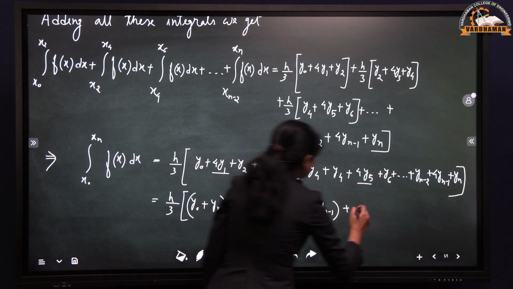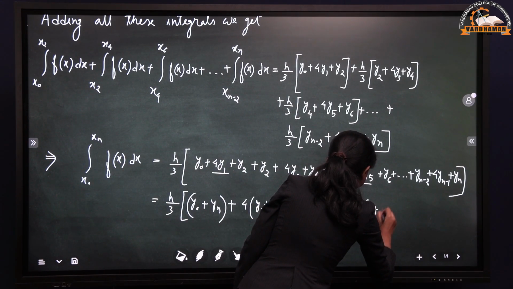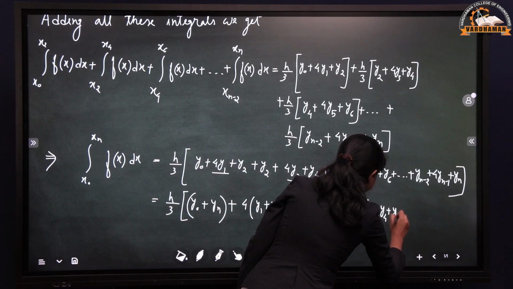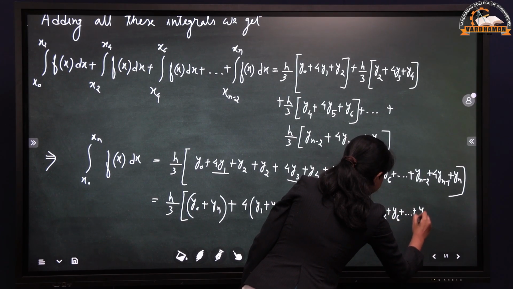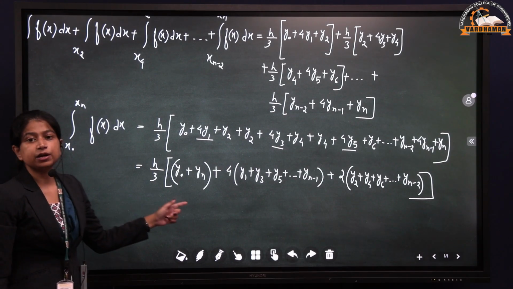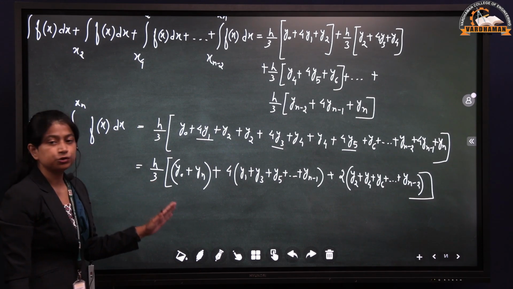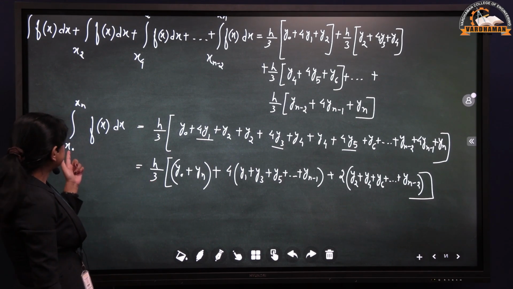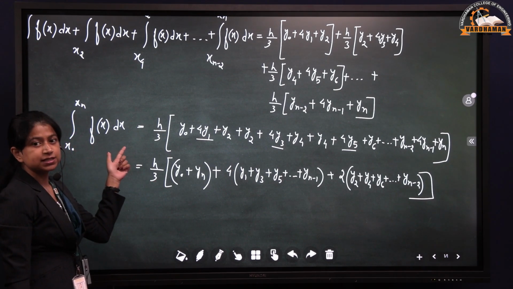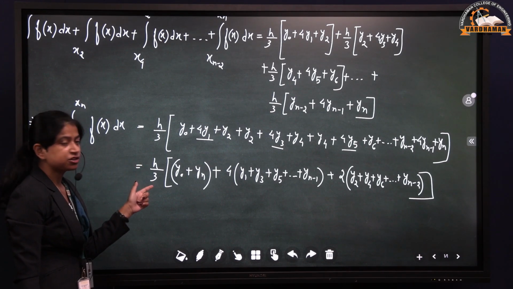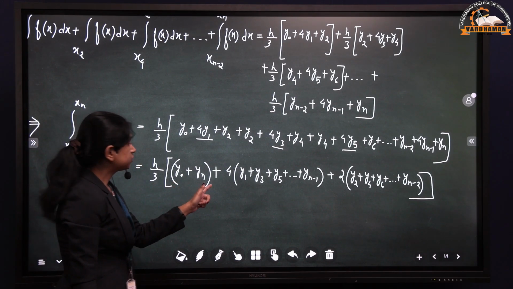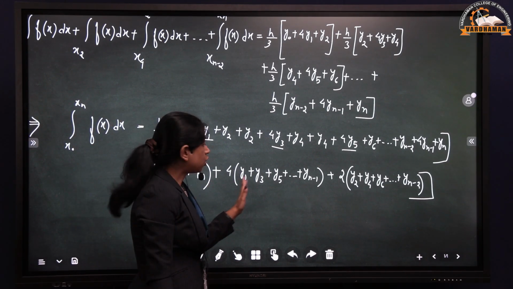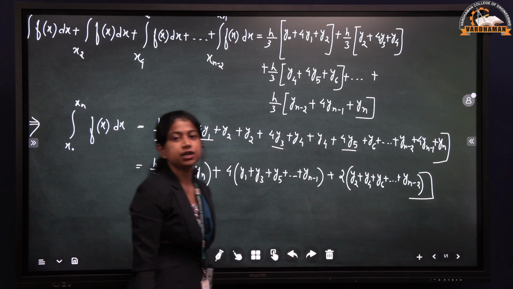We can write it as 2 into [y2 plus y4 plus y6 plus so on yn minus 2]. So this is the required Simpson's 1/3 rule, which is given by integration x naught to xn f of x dx is equal to h by 3 [first term plus last term plus 4 into sum of the odd terms plus 2 into sum of the even terms].